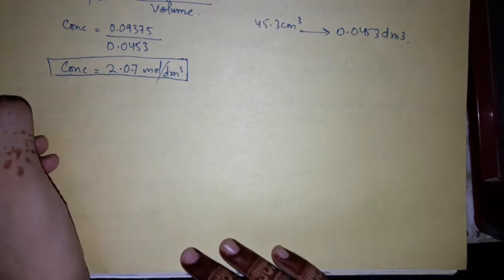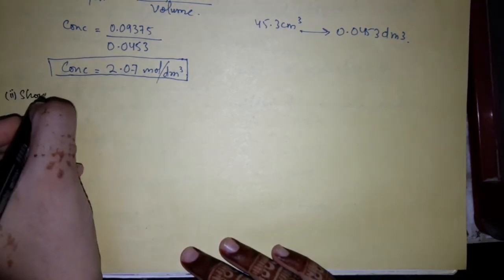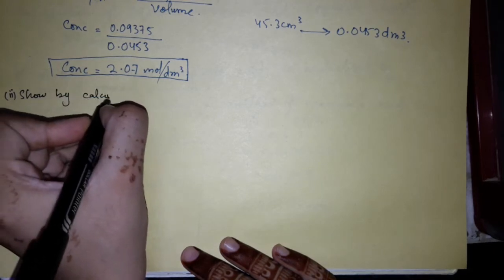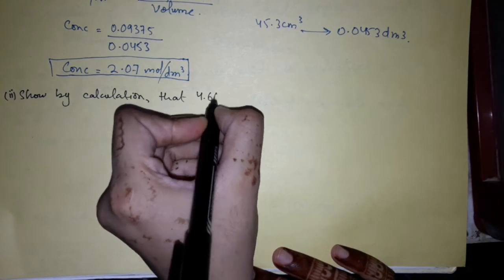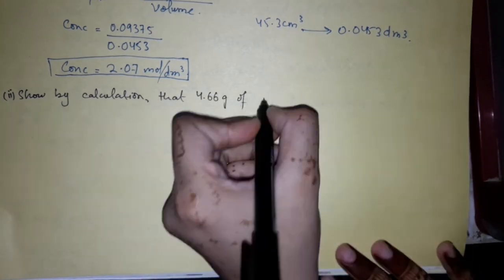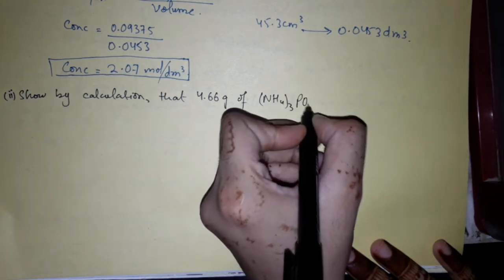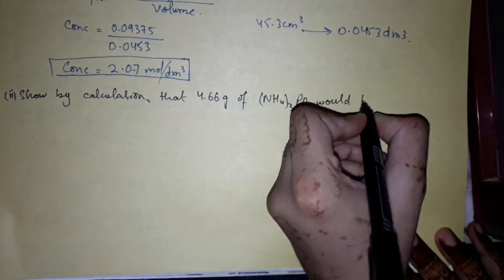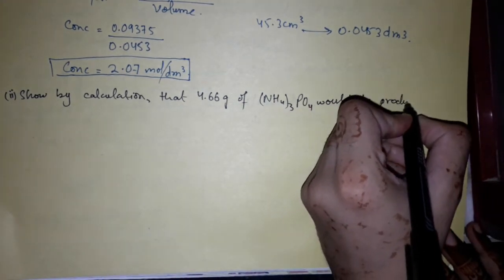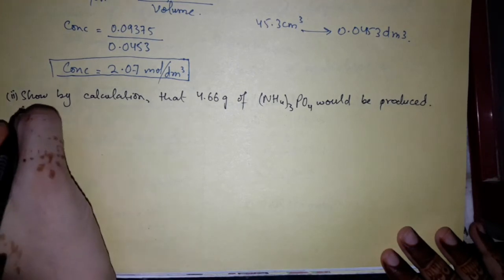The next part says show by calculation that 4.66 grams of ammonium phosphate would be produced. Assume that the yield is 100%.